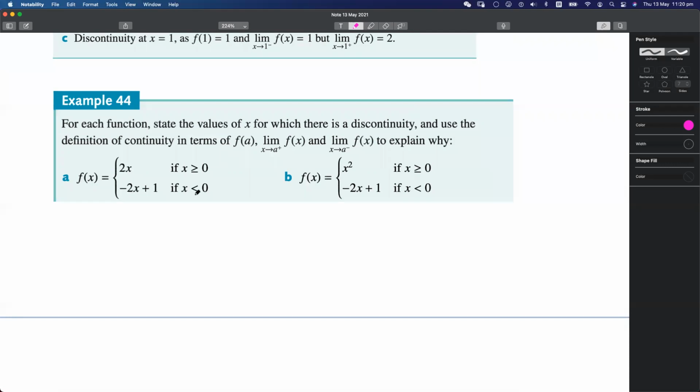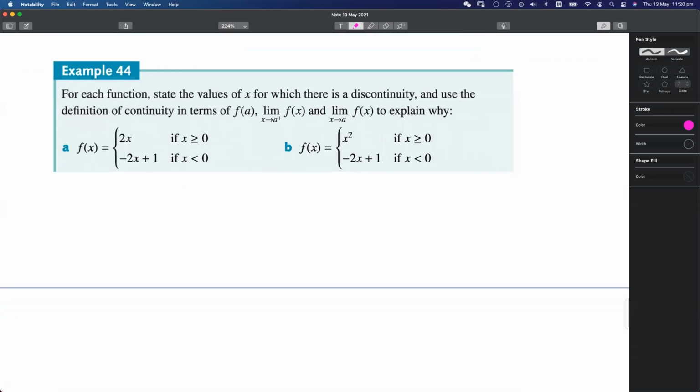I've only taken 2 questions. The rest of the questions you could explore by yourself. So the first one, f of x is equal to 2x when x is greater than or equal to 0, and f of x is equal to negative 2x plus 1 if x is less than 0.